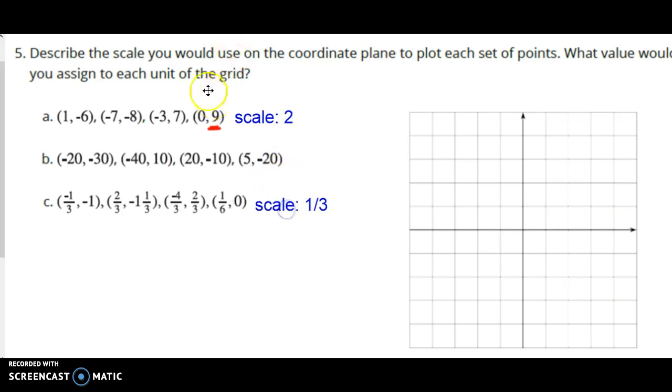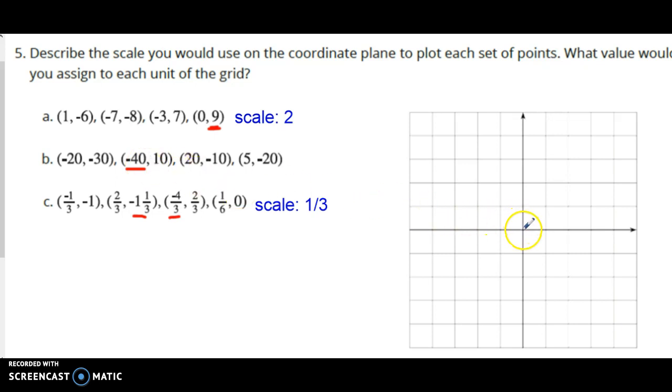Okay, try B on your own, pause the video. Okay, let's talk about B. First step, I want to look for my number with the biggest absolute value, the farthest away from 0, and that's right here, -40. And so I want to think to myself, what scale do I need to create to where I can get to -40 and not have to go beyond my grid?